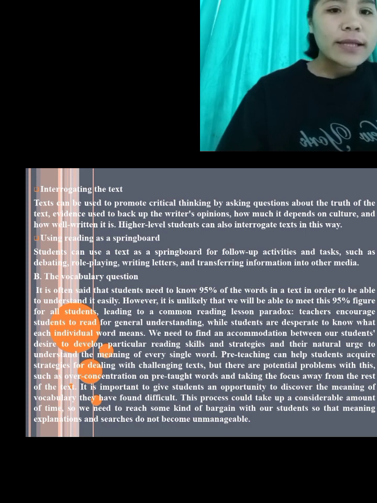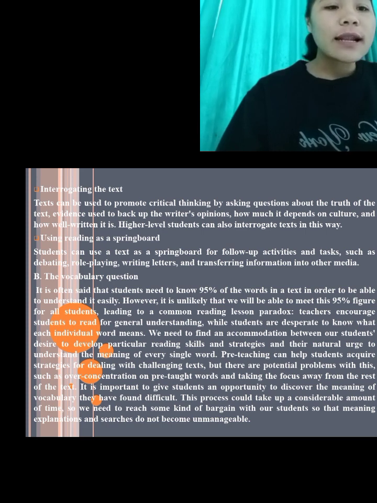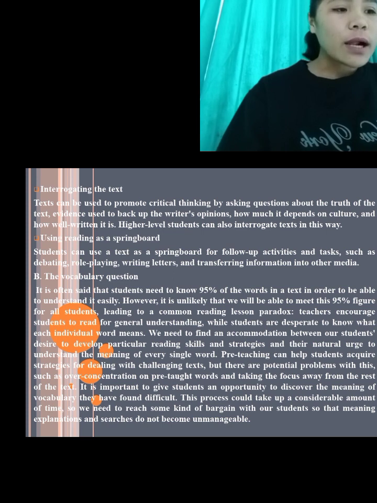Teachers encourage students to read for general understanding, while students are desperate to know what each individual word means. We need to find an accommodation between our students' desire to develop particular reading skills and strategies and their natural urge to understand the meaning of every single word.